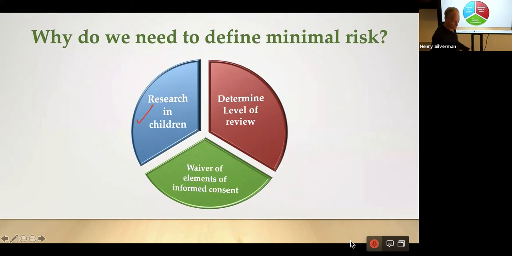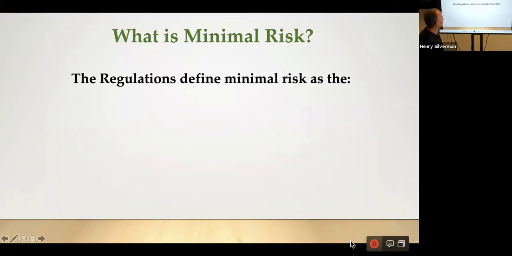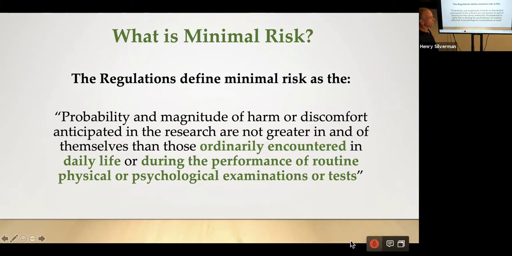Okay, so having said that, so what is minimal risk? How do we define minimal risk? So here's a definition. The probability and magnitude of harm or discomfort anticipated in the research are not greater in and of themselves than those ordinarily encountered in daily life.